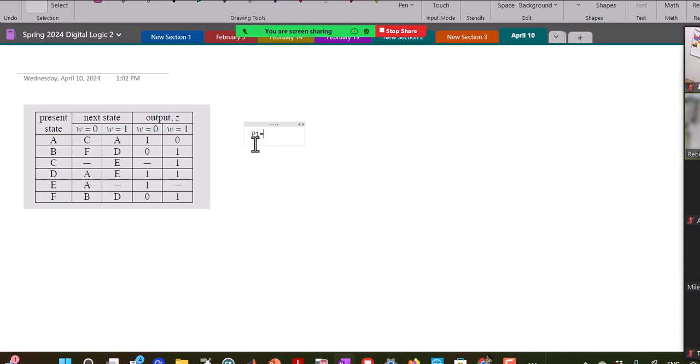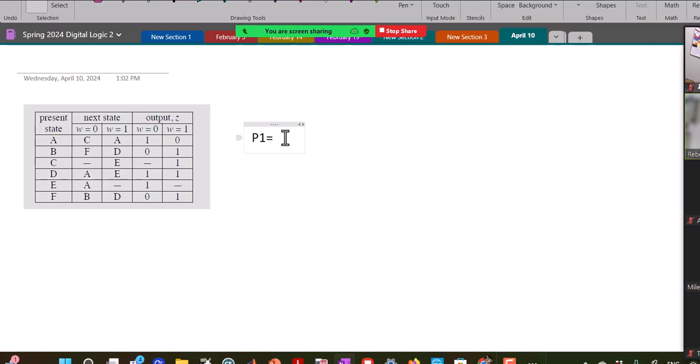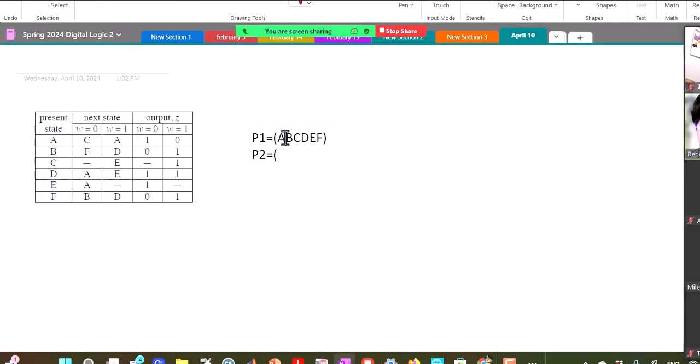And you can call this P1 or P0. I think I've seen them do it both ways. Our second partition is going to be to break them up just based on the outputs. If we look at our outputs, so far we have 1, 0, 0, 1, 1, 1, and 0, 1.